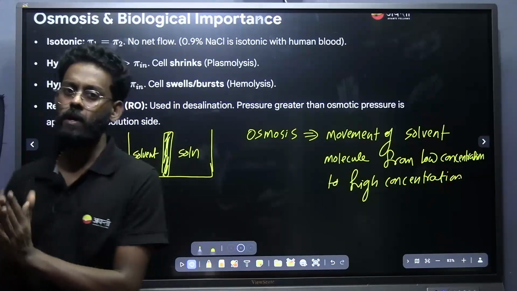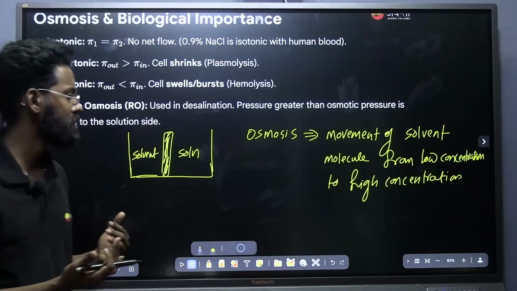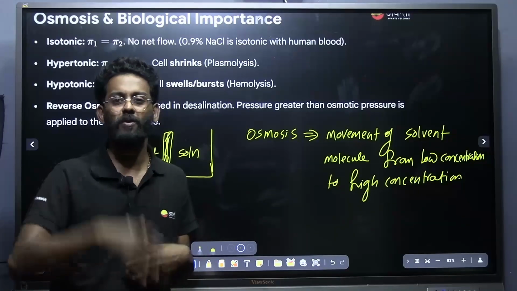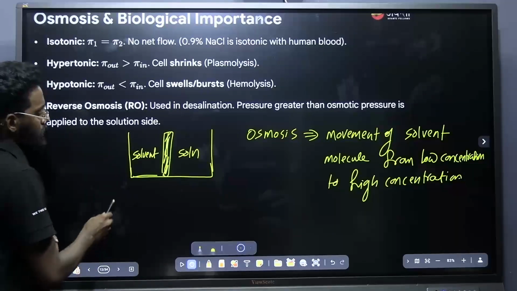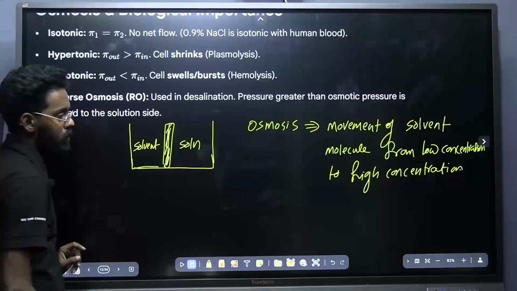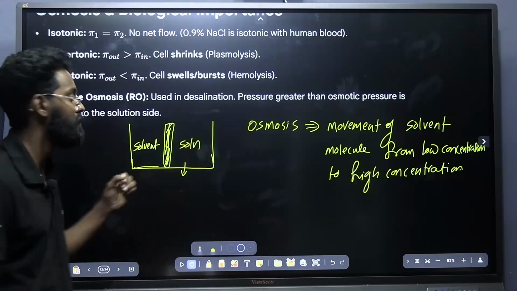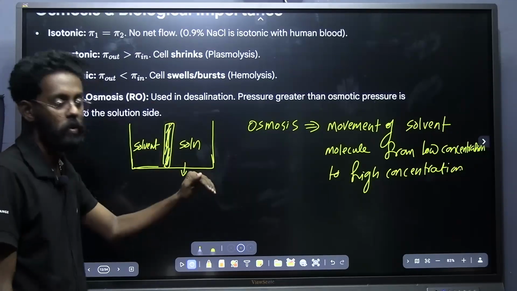Maybe you will have a doubt: why is it not high concentration to low concentration? That is the normal thing, right? High to low, nobody will go from low to high, right? How is it happening, how can we explain this? This is a solvent, this is a solution. We know that solution means we have added solute. If we add solute to a solvent, it will become a solution.